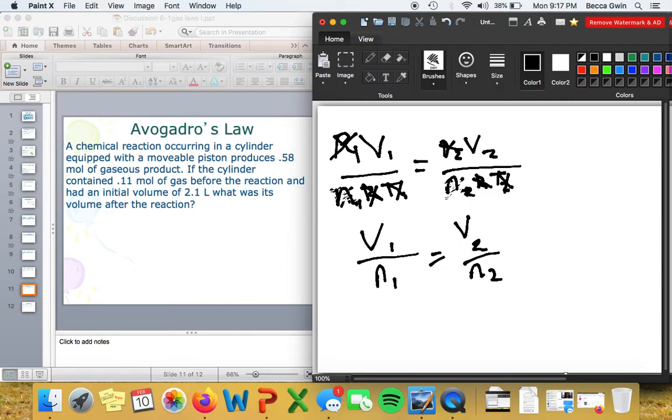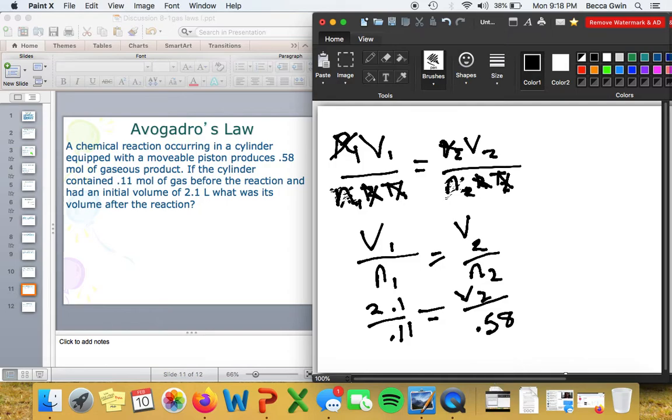All right, so we start with 0.11 moles of substance that reacts to form 0.58 moles of substance. If my initial volume is 2.1, what effect will increasing the number of moles have on my V2?